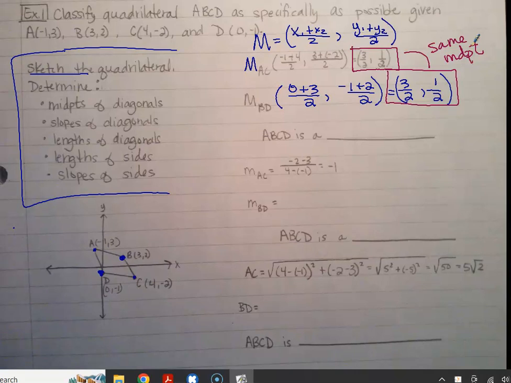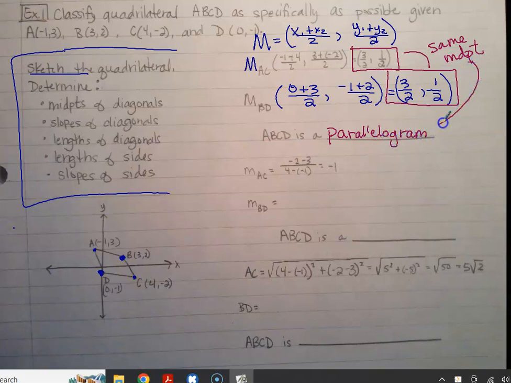The earliest shape we know where the diagonals bisect each other is a parallelogram. So we know ABCD is a parallelogram.